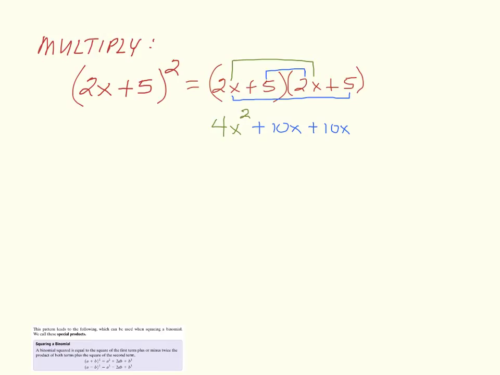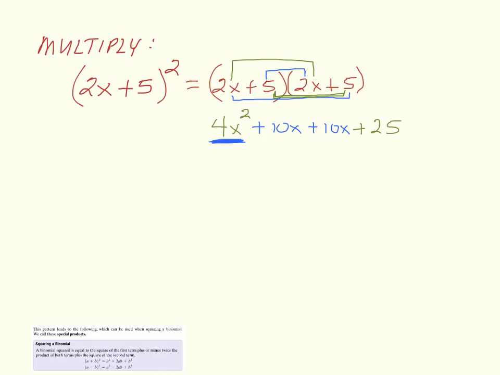Okay? Then we have the last. For the last, we get 5 times 5, which is plus 25. Look at it and see where these terms come from. So we FOILed them. Notice that 4x squared is a square term, because the 4 squared is a square number and x squared is a square term.